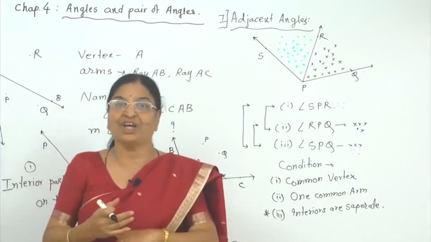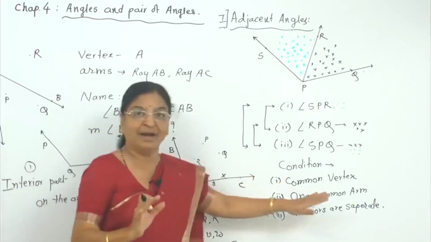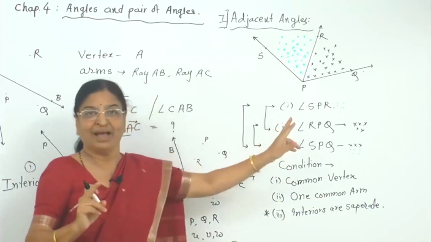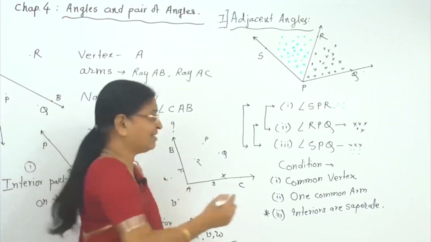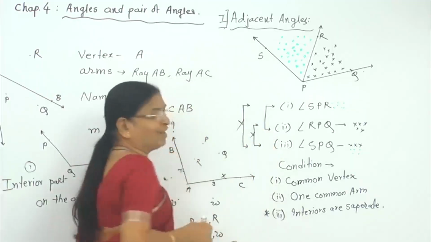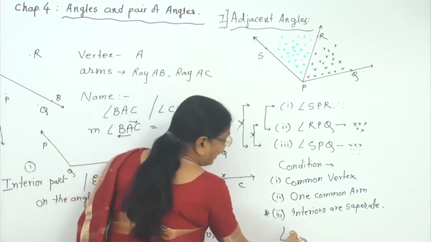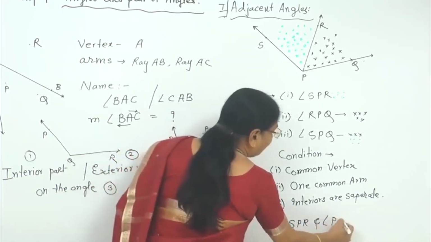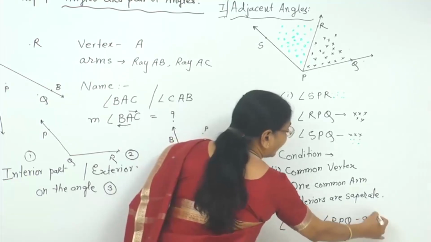So you have to check whether all three of them are satisfied, then only the two angles are said to be adjacent. So in this figure, which are the two adjacent angles? Of course, one and second. These are not the pairs of adjacent angles. So I will say angle SPR and angle RPQ are adjacent angles.